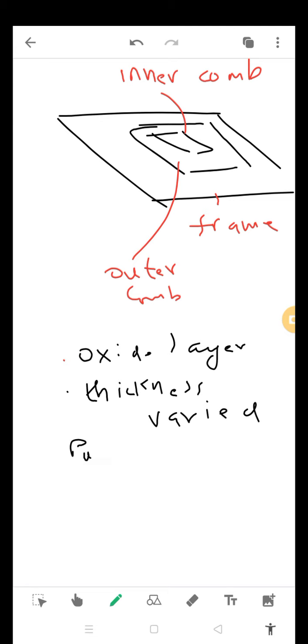There are basically two types of voltages when dealing with combs, pull-in and pull-out. This phenomenon will cause a pull-in voltage of about 450 volts.